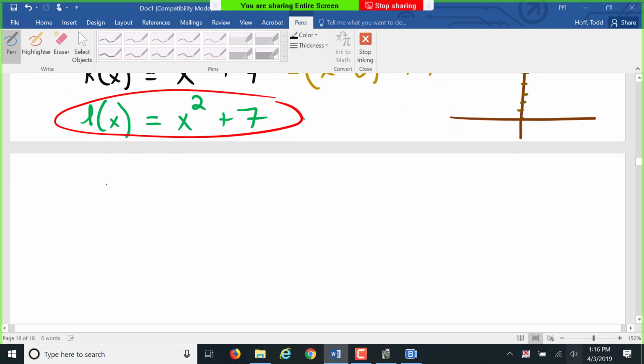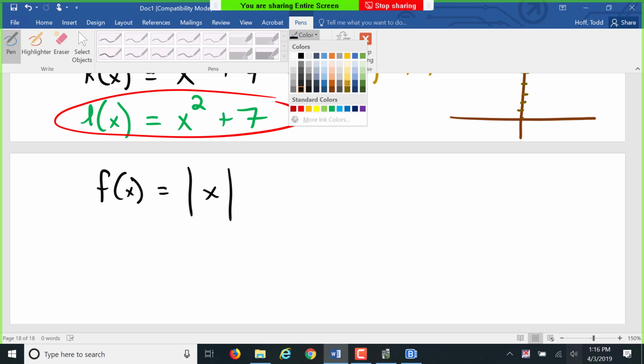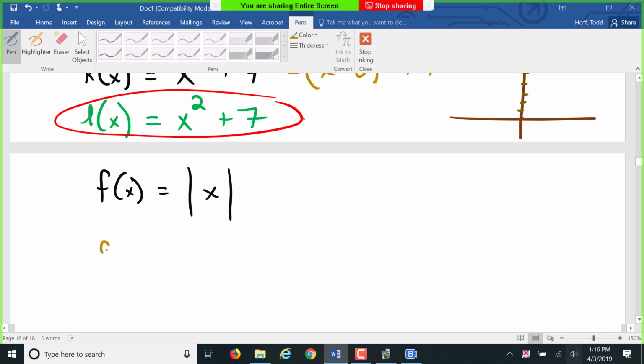So given that f of x equals the absolute value of x, if g of x is the reflection about the y-axis, what's the equation for g of x?